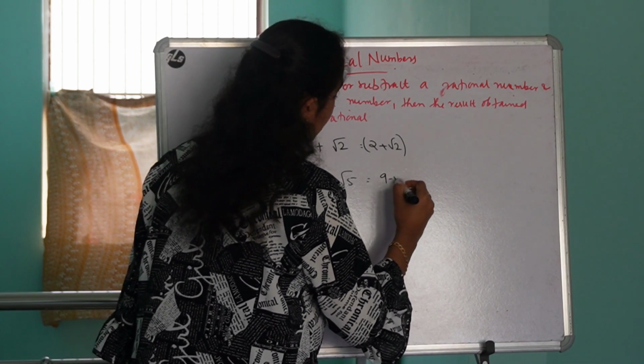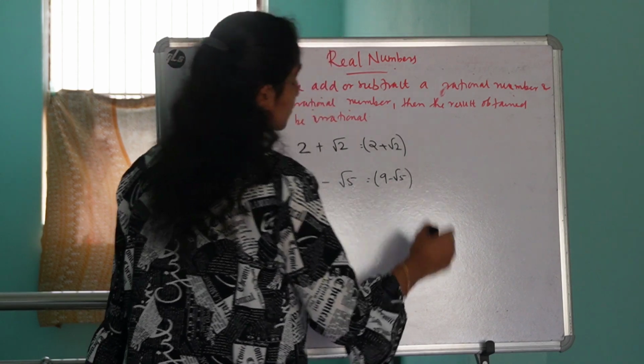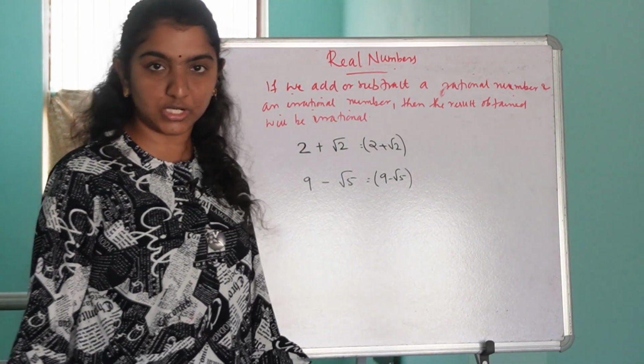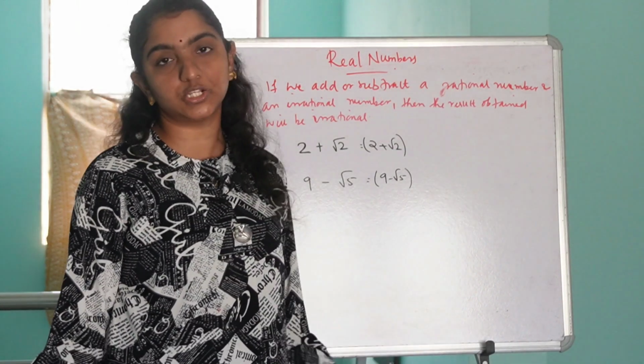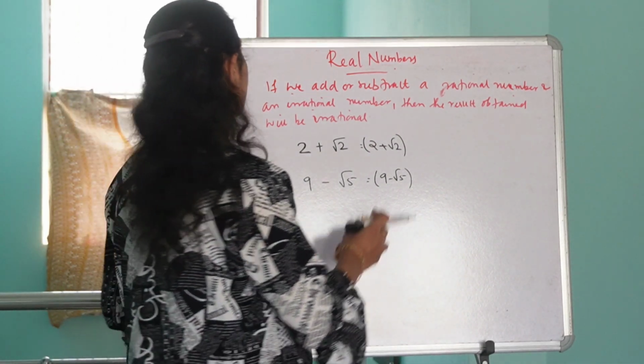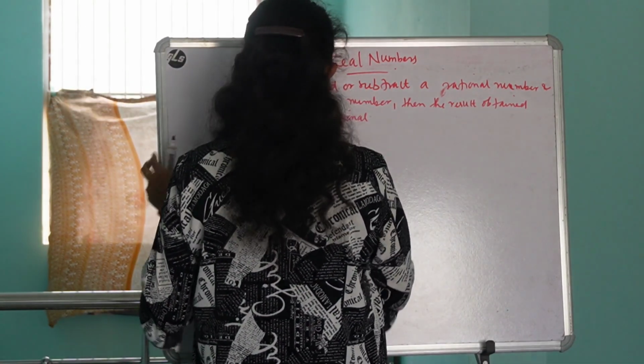The result obtained is 9 minus root 5, and 9 minus root 5 is an irrational number. So that's what is given in this point. Is it clear, guys? Okay. Again, the next point.